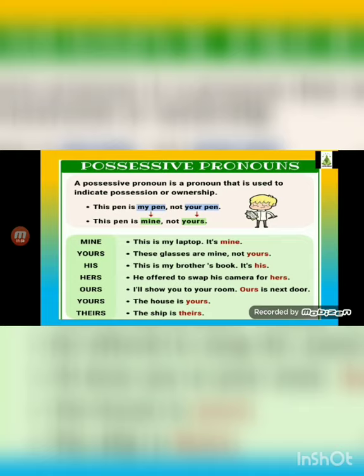Ours, I'll show you to your room. Ours is next door. Yours, the house is yours. Here the possession is telling yours. Theirs, the ship is theirs. Children?